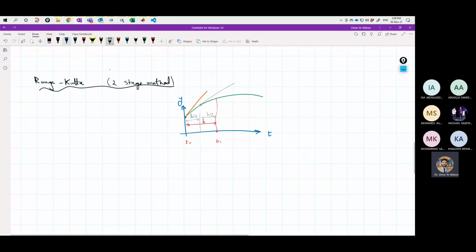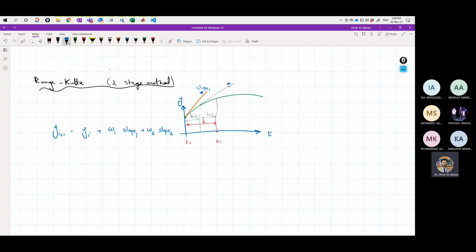Okay, so the Runge-Kutta two-stage method says the new solution equals the old solution plus certain weight multiplied by slope 1, plus another weight multiplied by slope 2.